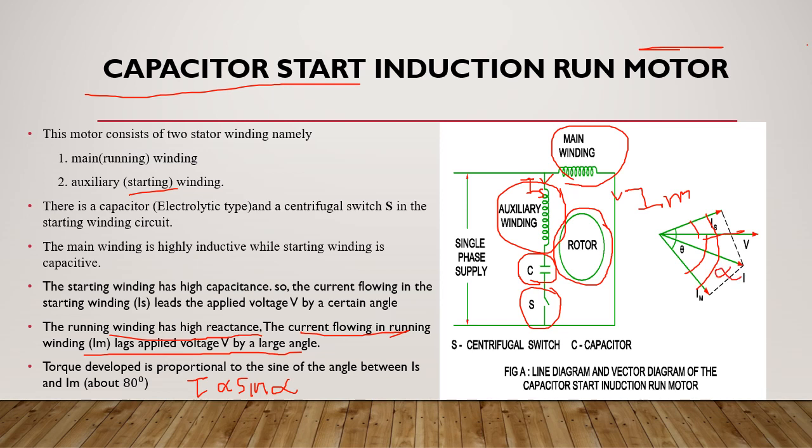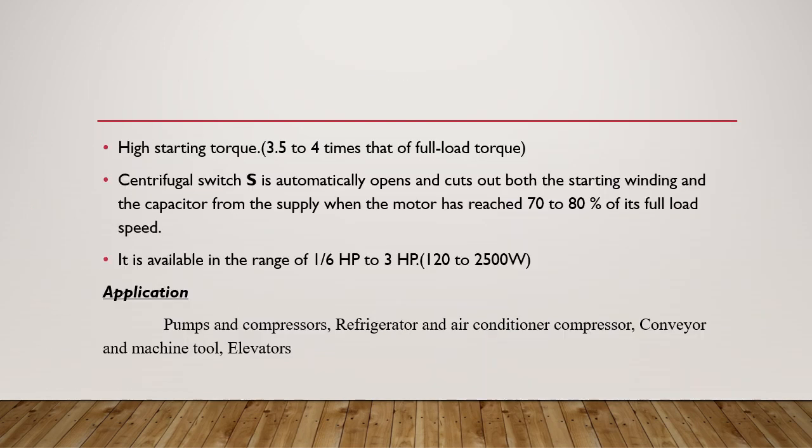In the resistance start induction run motor, the angle is 30 degrees. Here in the capacitor start induction motor, the angle is 80 degrees, sometimes 90 degrees. As the angle increases, sine alpha also increases. Thus, the starting torque will increase. It has high starting torque.